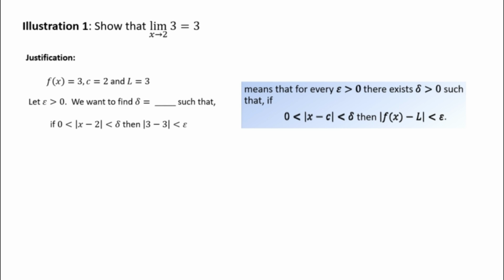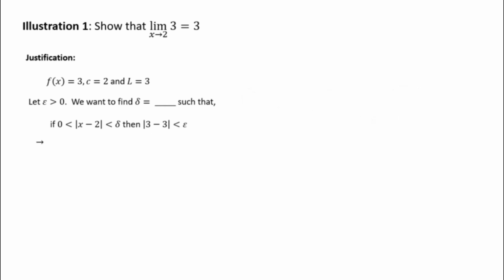In all cases, this is the part really that we need to satisfy. And this part can be simplified into: if the absolute value of x minus 2 is in between 0 and delta, then 0 should be less than epsilon, because 3 minus 3 is 0.